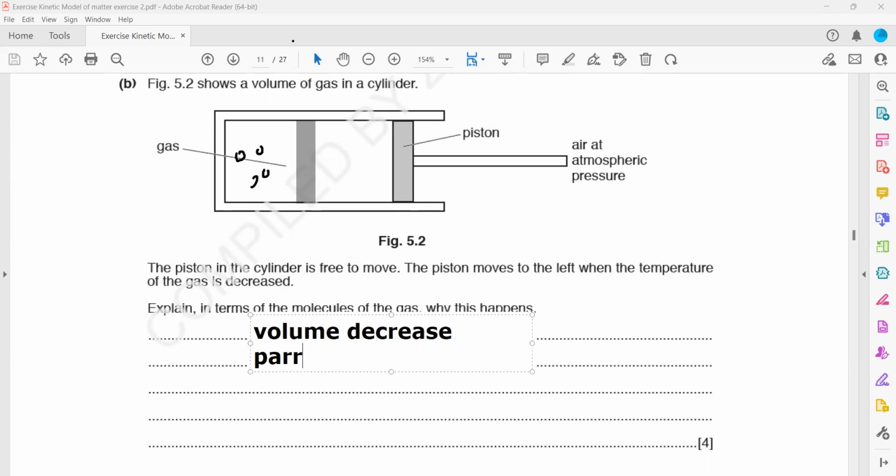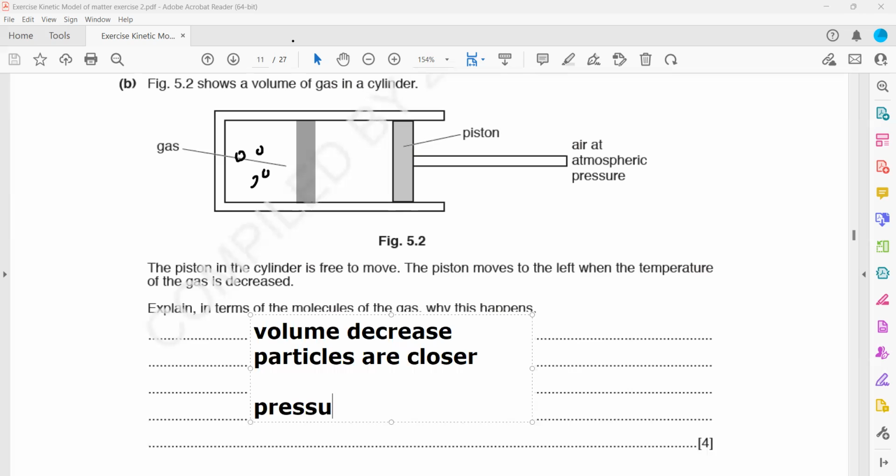Because the particles come closer to each other. Or you can also mention the density increases. Then second thing, the pressure increases. And why will the pressure increase? Because more collisions will occur between the particles.